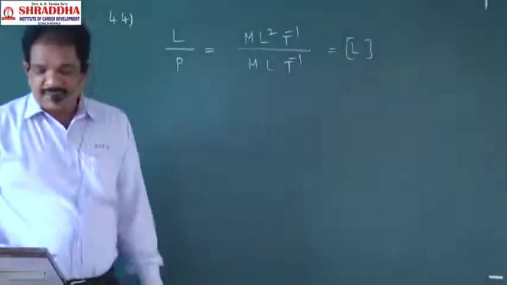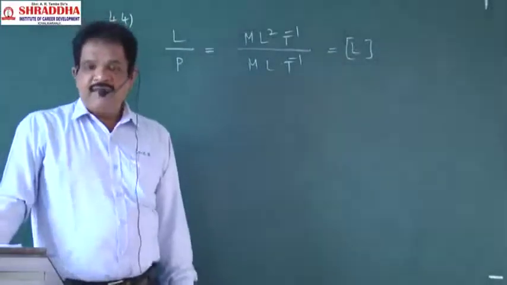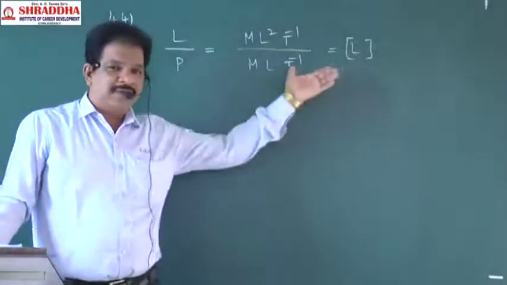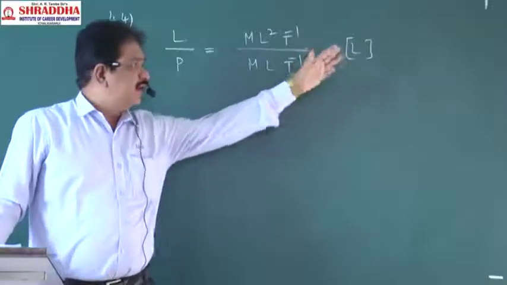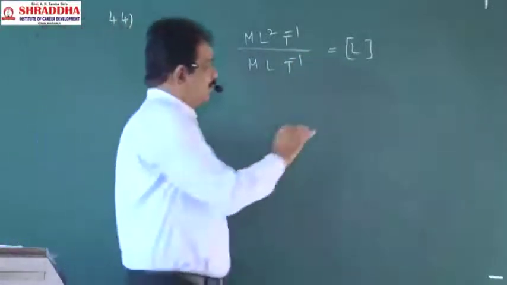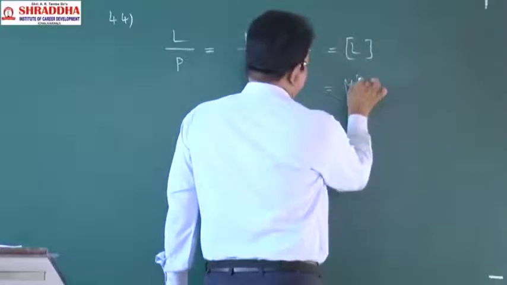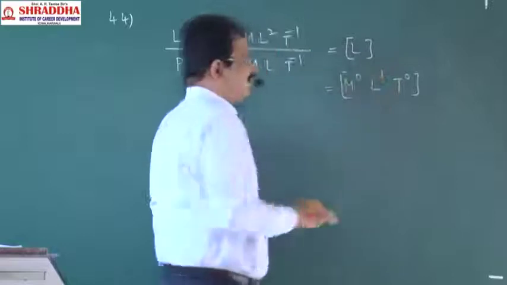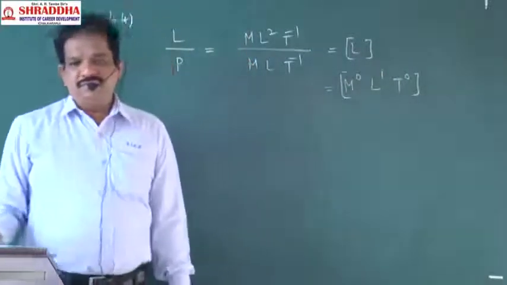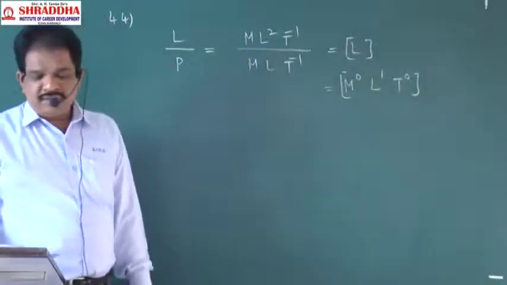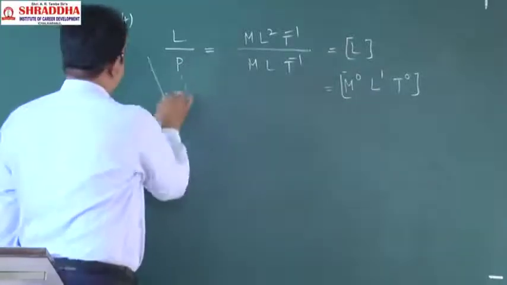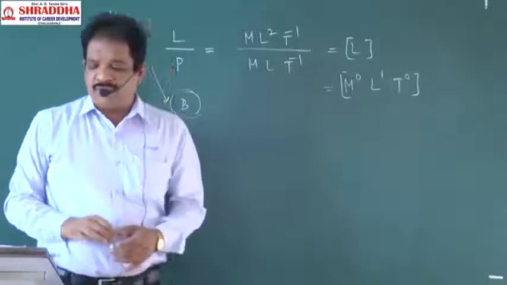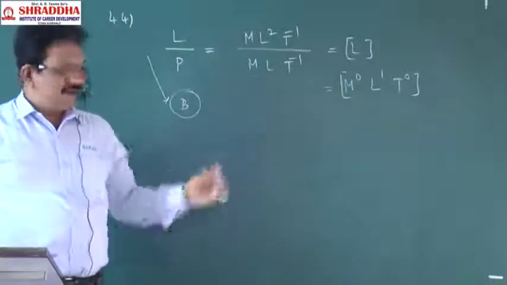So the dimensional formula is L. M power 0, L power 1, T power 0. We can express it in that format also. Nothing wrong. Both have the same meaning. So 44, B. The ratio of angular momentum and linear momentum will have this one.